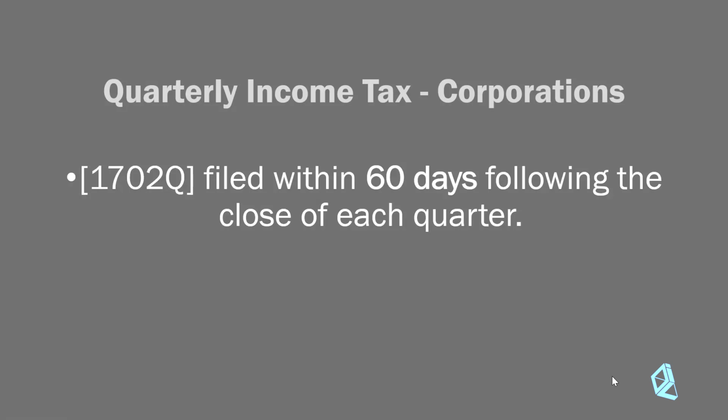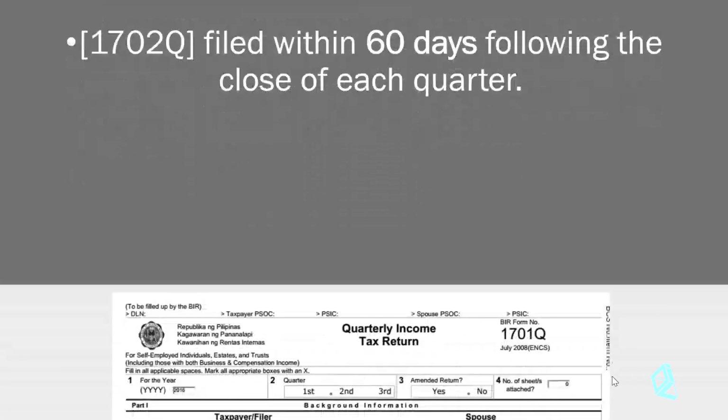Just some notes quickly, you only have to file 3 quarterly income tax returns because the last income tax return that you will file within a taxable year would be the annual income tax return, which has a different deadline. And we'll talk about the deadline of that income tax return in the next videos.